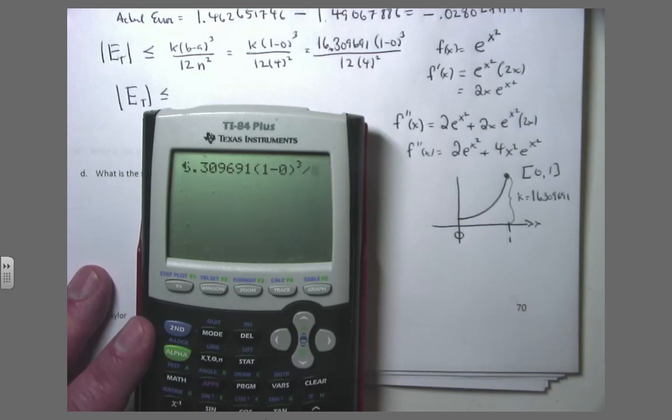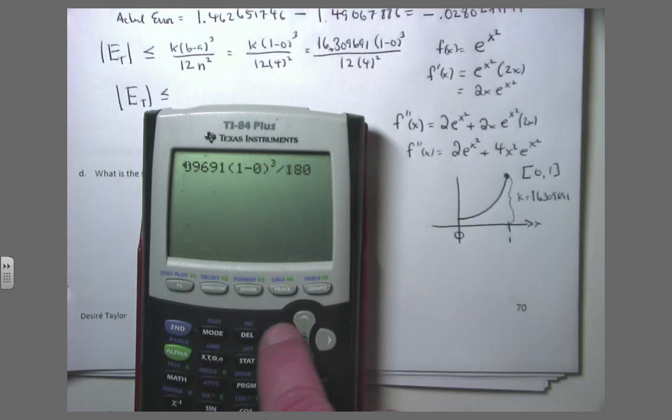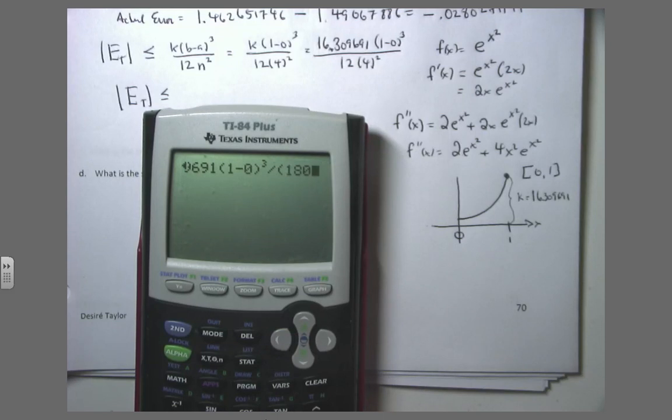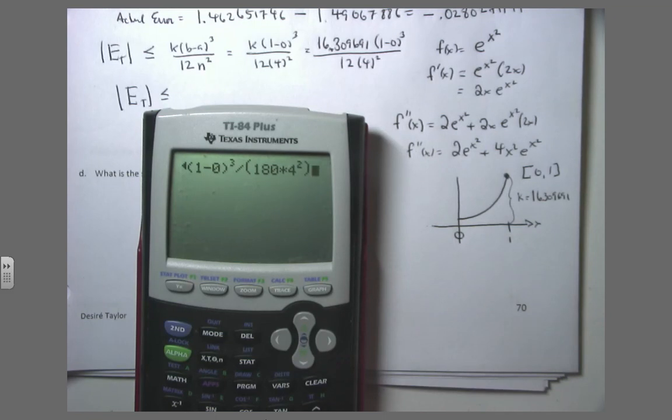Divided by, but this is the important part to get the correct answer on the calculator: you've got to make sure you put parentheses around your denominator. All the numerators are being multiplied, so you're good to go there. But put parentheses around the denominator. What's my denominator? 180 times 4 squared, and then close parentheses.